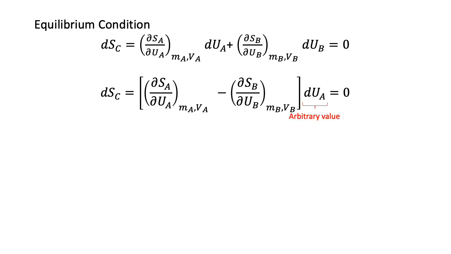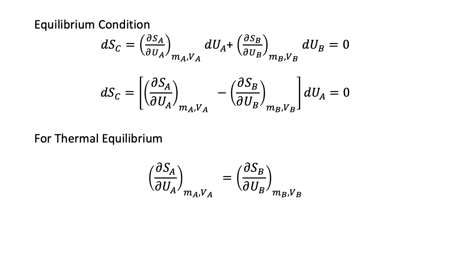Now, the magnitude of dUA could have any arbitrary value. It would depend on the size of system A, on its temperature, and on its thermal properties. So in general, for this equation to be satisfied, the term in the brackets must equal 0. So for thermal equilibrium, we need the partial derivative of SA with respect to UA to equal the partial derivative of SB with respect to UB.